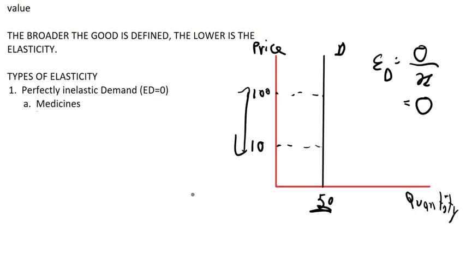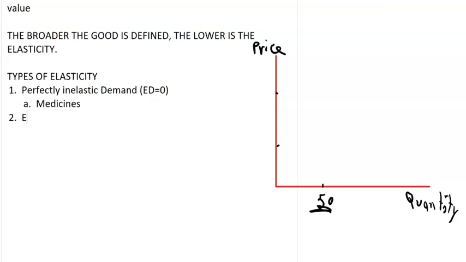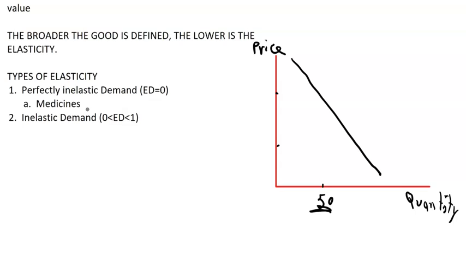Now, after that, we have another kind of demand, which is not as extreme, but we'll call it inelastic demand. Here, the elasticity is going to be between 0 and 1, and remember, we're dropping the negative sign. In this case, the demand curve is going to be kind of steep.